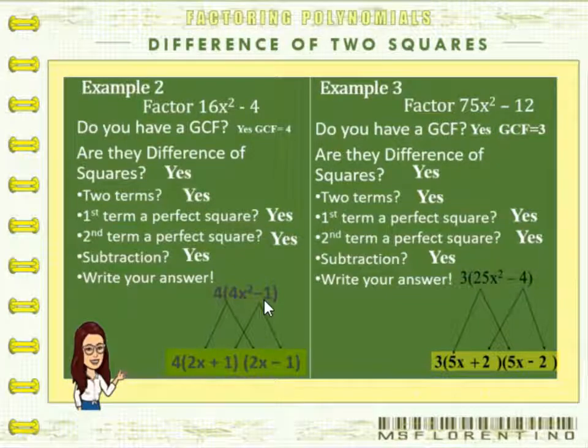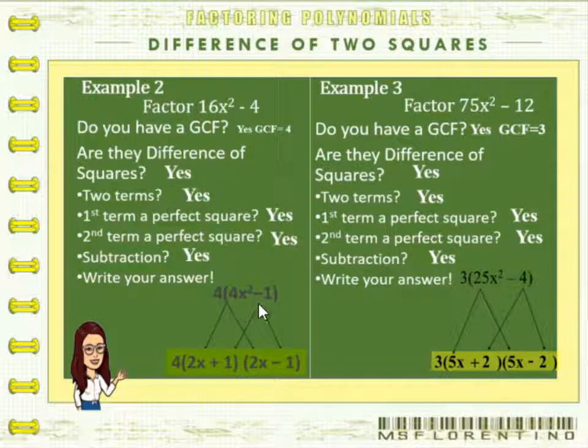To get this remaining factor, we divide 16x squared by 4, and that is 4x squared. Then, negative 4 divided by 4 is negative 1. So the factored form of 16x squared minus 4 is 4 times quantity 4x squared minus 1.